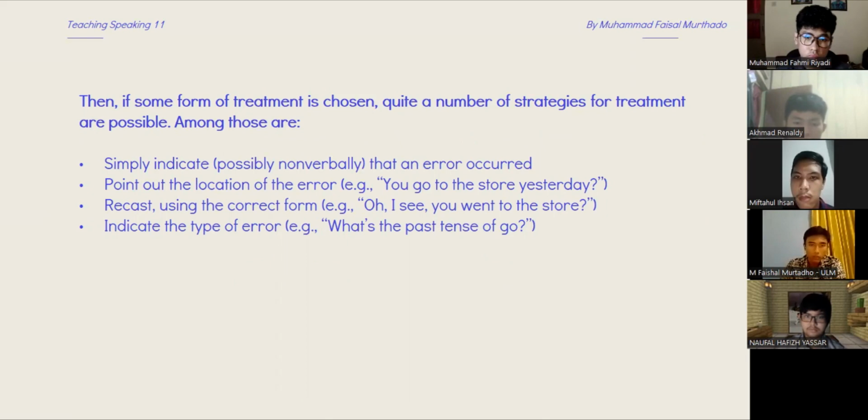Another treatment is a recast using the correct form: "Oh, I see, you went to the store." And the other way is to indicate the type of error, in here, "What's the past tense of go?" Those examples you can check. And then next slide.